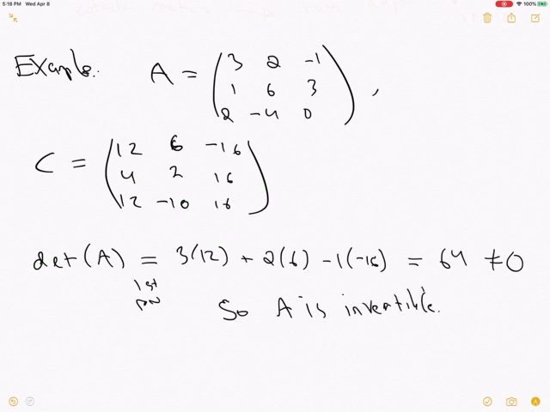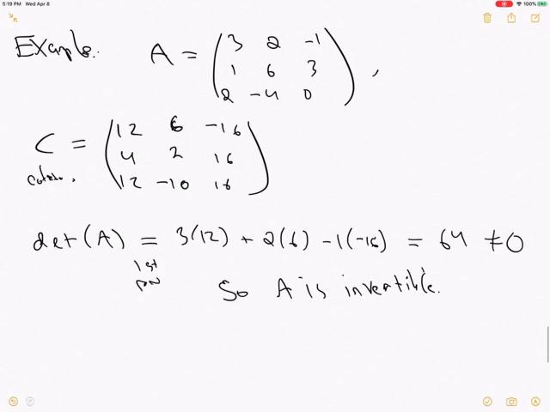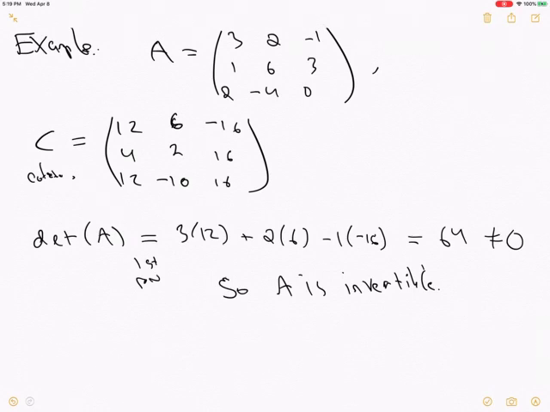Okay? And notice that in order to come to this conclusion, we had to calculate the determinant, and to calculate the determinant, we had to calculate the cofactor matrix. This is the cofactor matrix here. But since we've already done the cofactor matrix, we now can find its inverse.